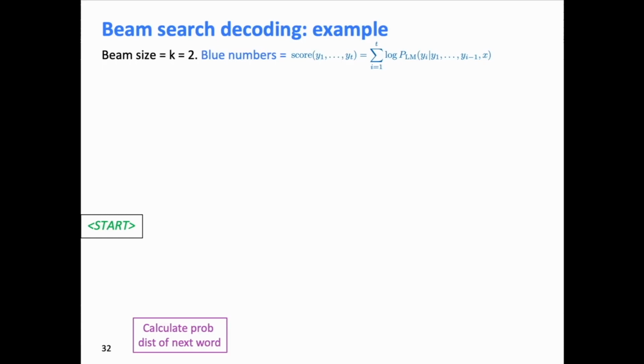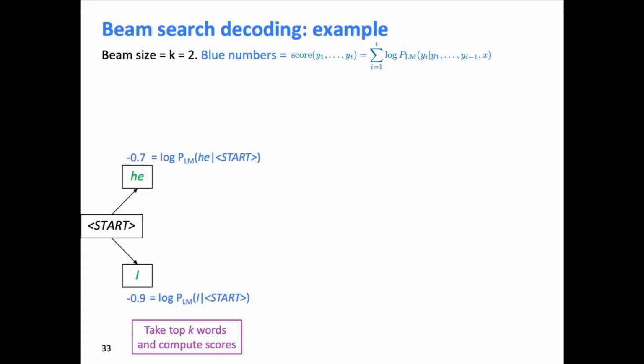Having computed that probability distribution using our Seq2Seq model, we just take the top k, that is the top 2 possible options. Let's suppose that the top 2 are the words he and I. We can compute the score of these 2 hypotheses by using the formula above. It's just the log probability of this word given the context so far. Here, let's say that he has a score of minus 0.7 and I has a score of minus 0.9. So this means that he is currently the better one.